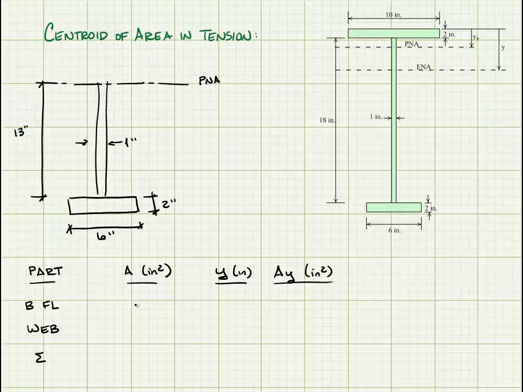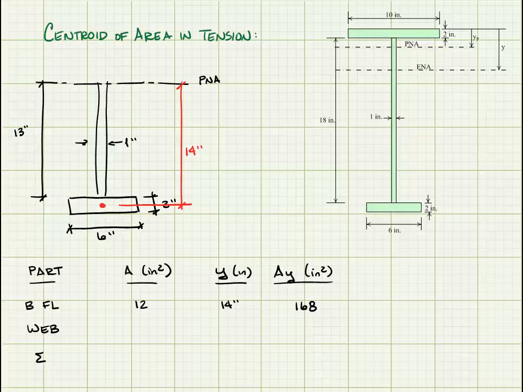So the area of the bottom flange is 12 square inches. The distance from the plastic neutral axis to the centroid of the bottom flange is going to be 13 plus 1, so that's 14 inches. A times y is 168.